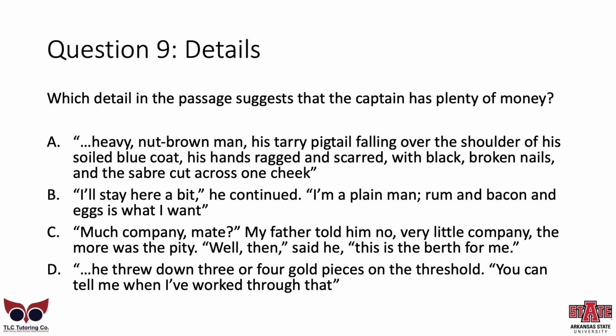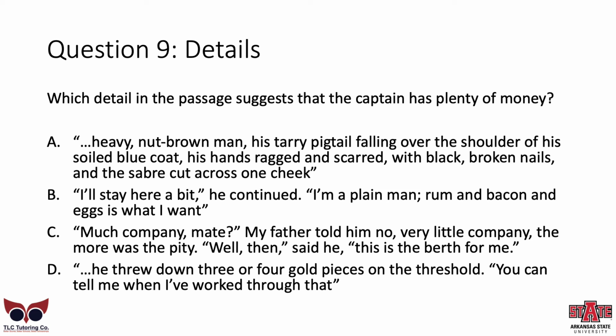Question 9. Details. Which detail in the passage suggests that the captain has plenty of money? A. A heavy nut-brown man, his tarry pigtail falling over the shoulder of his soiled blue coat, his hands ragged and scarred, with black broken nails, and the saber cut across one cheek. B. "I'll stay here a bit," he continued.